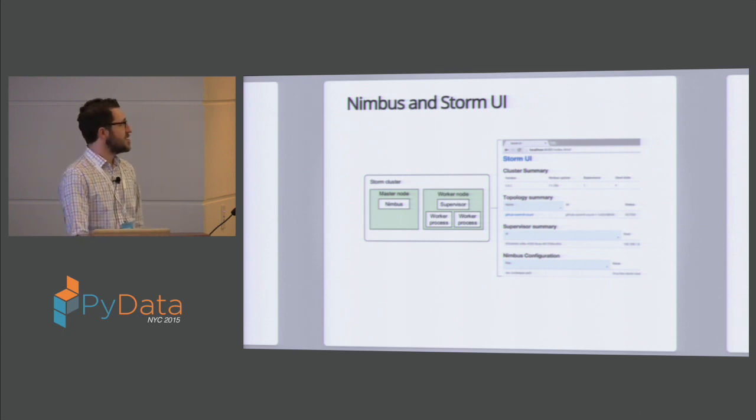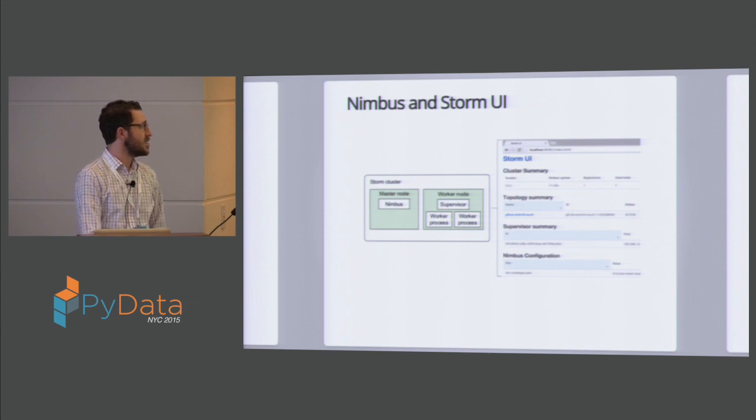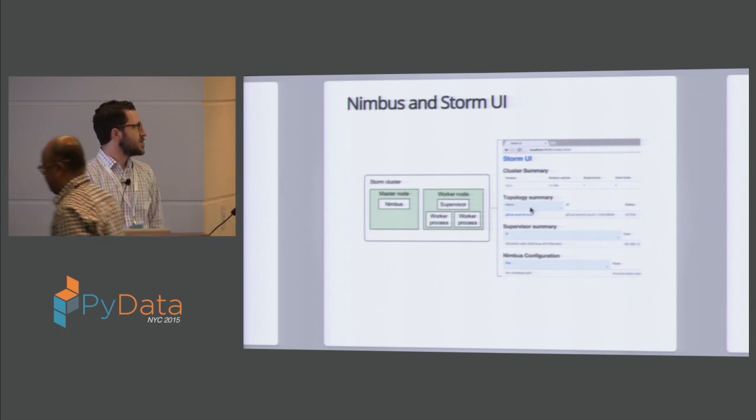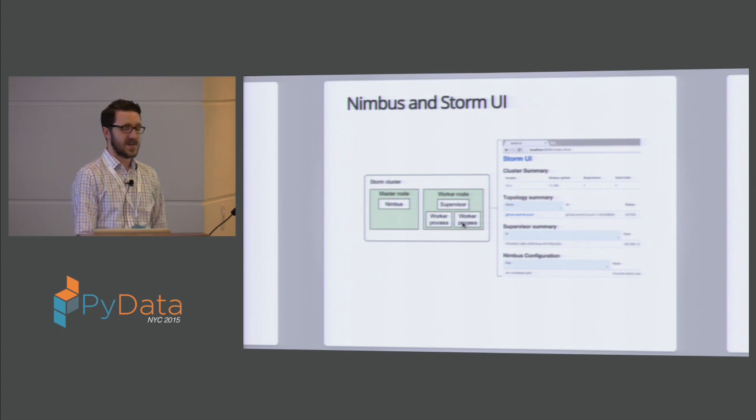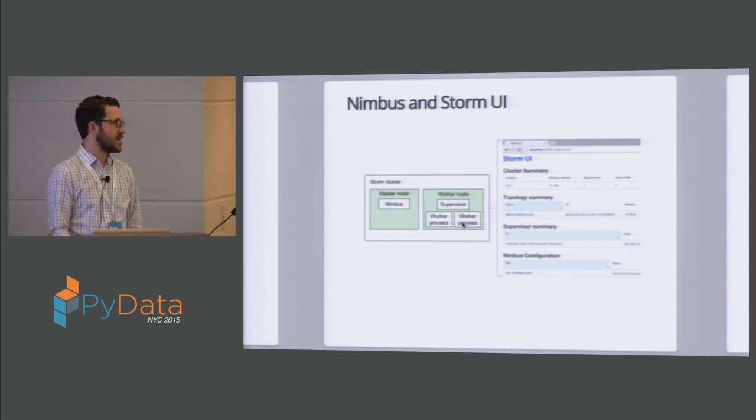As I mentioned, the master node runs a process called Nimbus, and the other nodes on your cluster are worker nodes. Worker nodes typically have a supervisor process and then a bunch of worker processes, and the worker processes are what actually run the instances of your particular spouts or bolts.